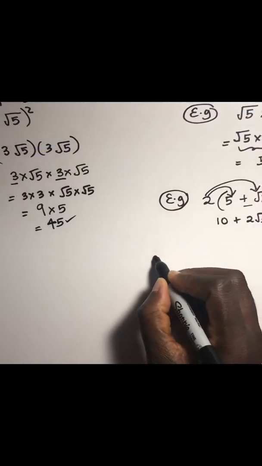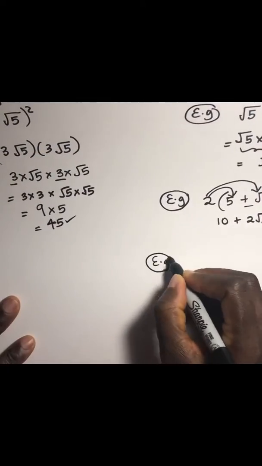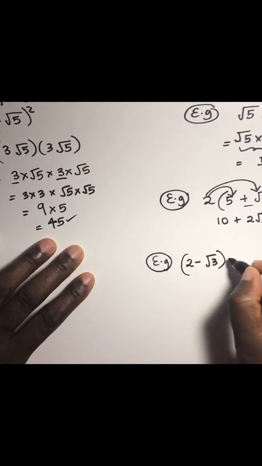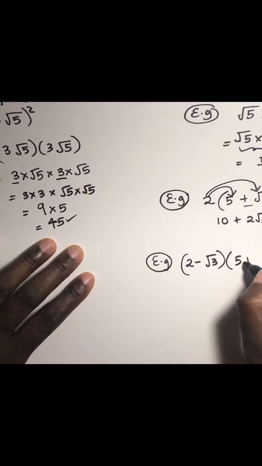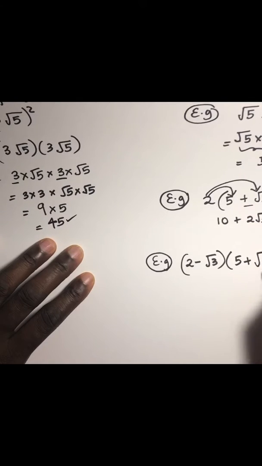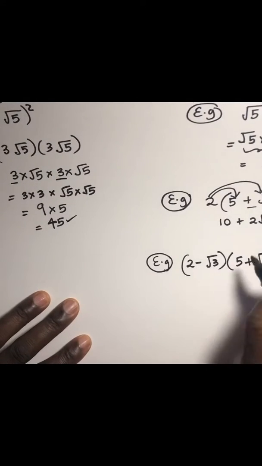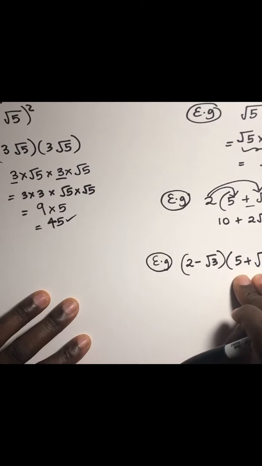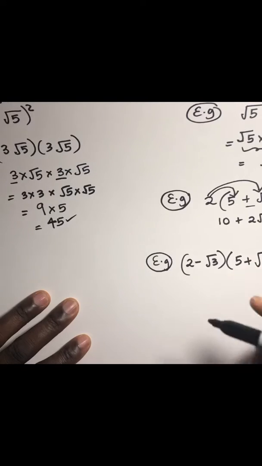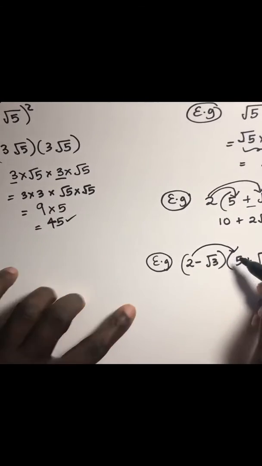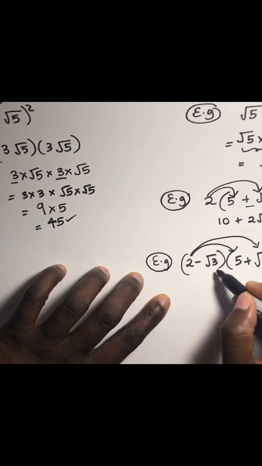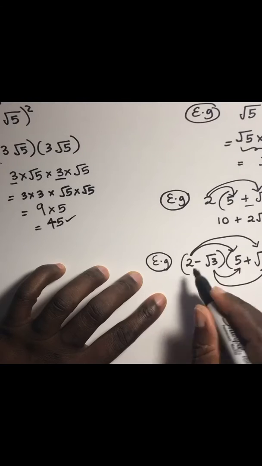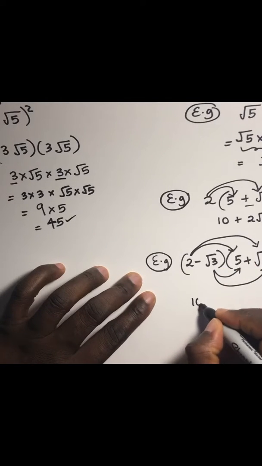Now here's another example. 2 minus root 3 times 5 plus root 3. This time we've got 2 brackets, so we're going to use everything inside this bracket to multiply everything inside that bracket. So we go with the first, outer, inner, last. Okay, first would be 2 times 5, that is 10.